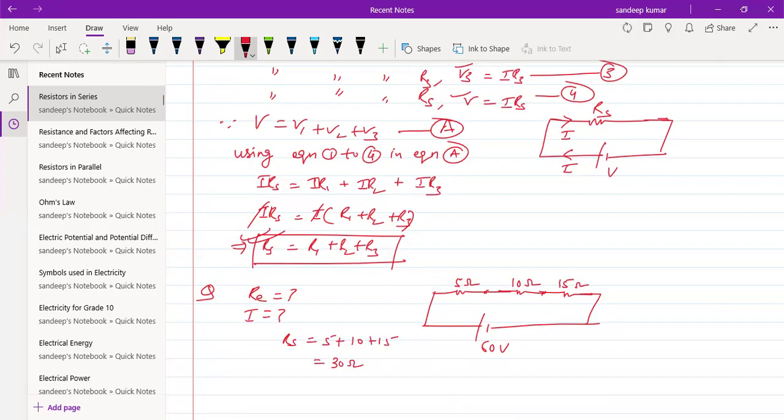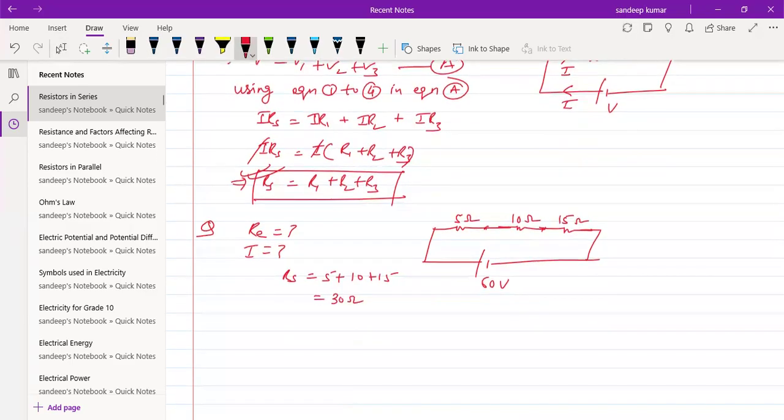Now the circuit is Rs of 30 ohm connected to 60 volt. To get the current, apply Ohm's law, V by Rs: 60 by 30, which is 2 ampere.